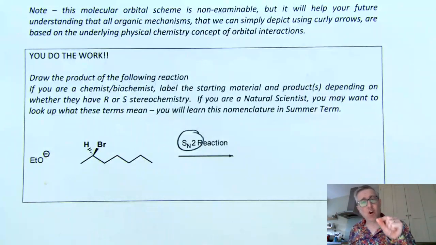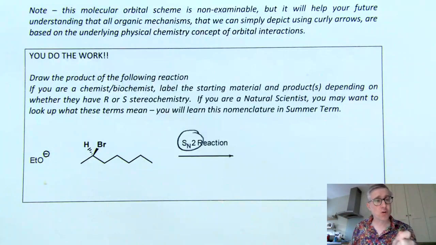And if you're a chemist or a biochemist and you've had the courses on stereochemistry with Glenn Hurst, you might want to label the stereochemistry of the product and the starting material using the R and S nomenclature. If you're a natural scientist, you might want to look those terms up. You'll learn more about them when you come back to those concepts in the summer term. But try to draw out the outcome of that SN2 reaction.